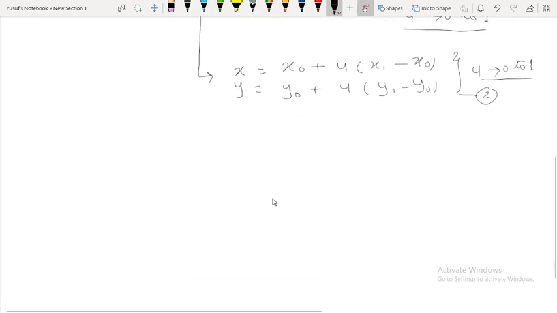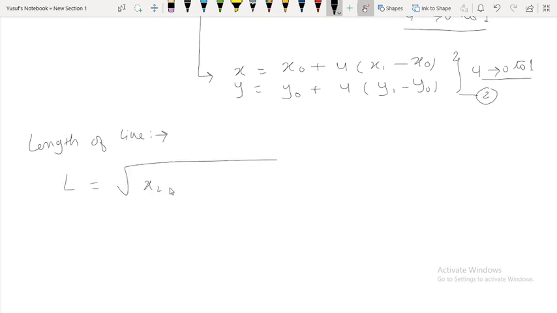So the second formula is the length of the line. You can calculate the length of the line by using this formula: L is equal to the square root of (x2 minus x1) squared plus (y2 minus y1) squared plus (z2 minus z1) squared, if a z component is there.